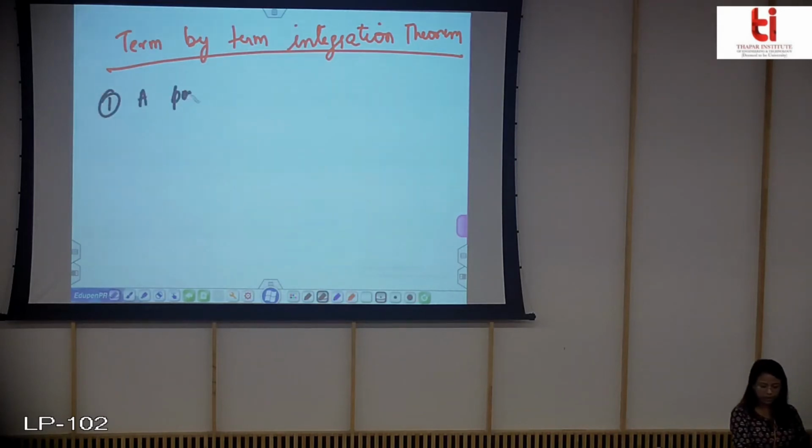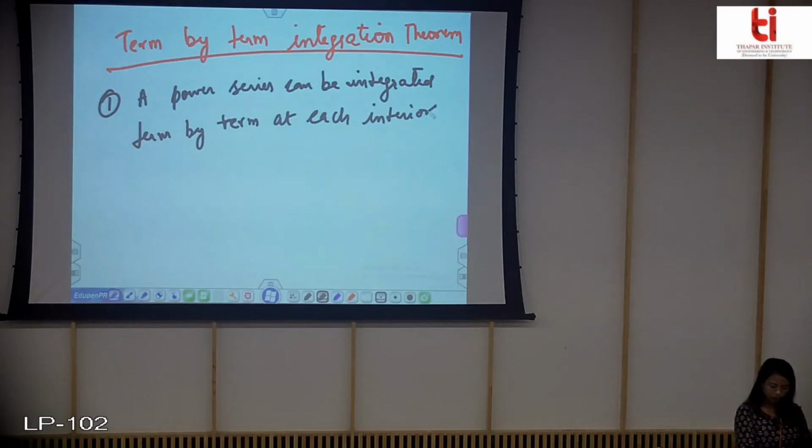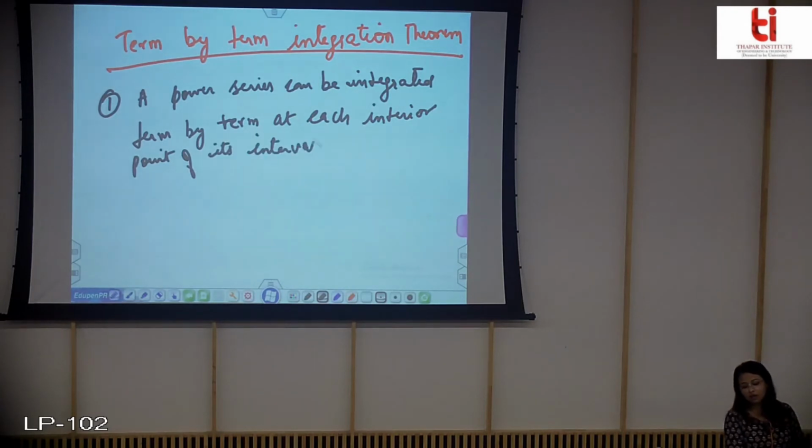A power series can be integrated term by term at each interior point of its interval of convergence.